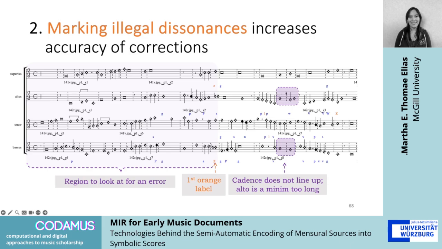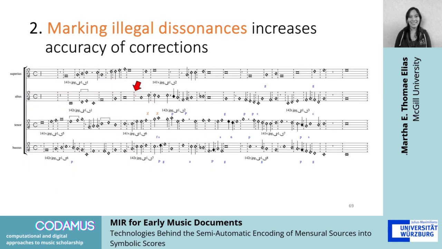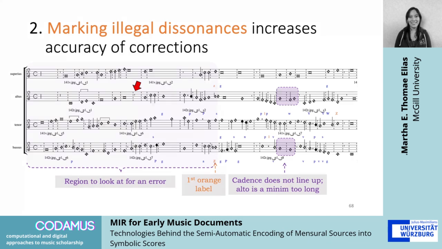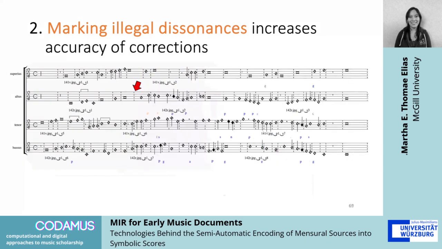The reason why this can increase the accuracy is because if you test different solutions, you can see what happens with the orange label. So for example, if I take this rest and I cut it by a minim, I will see that the orange labels following disappear, but also a new one appears. So that's probably not the right solution.